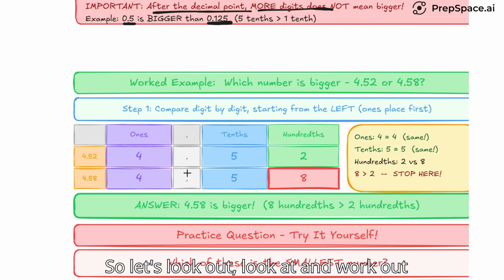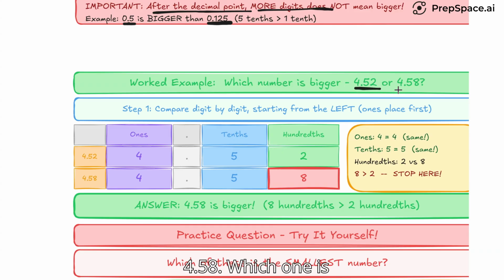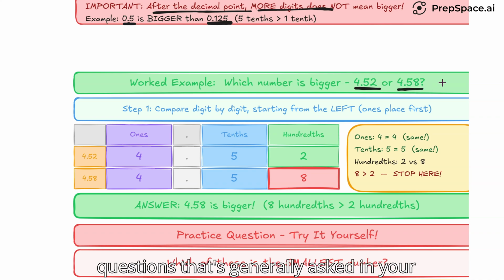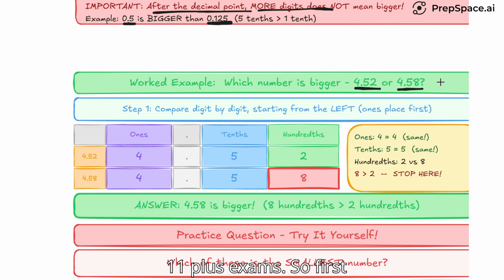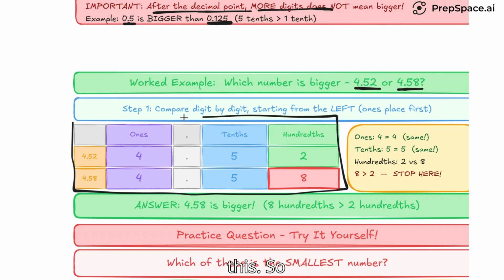So let's look at a worked example. 4.52 or 4.58. Which one is bigger? This is one of the typical questions generally asked in your 11 plus exams. First, you can create a table like this. Write 4.52 as our first number and 4.58 as the second. Now we compare. The 4 and 4 are the same, so that cannot tell us which is bigger.